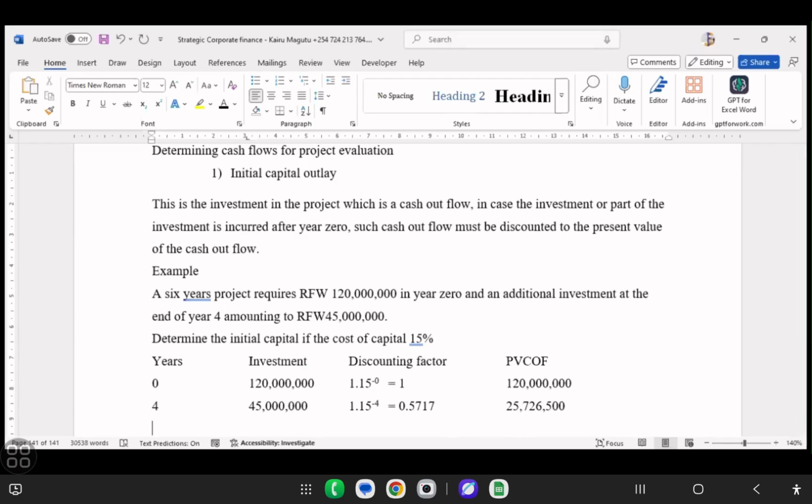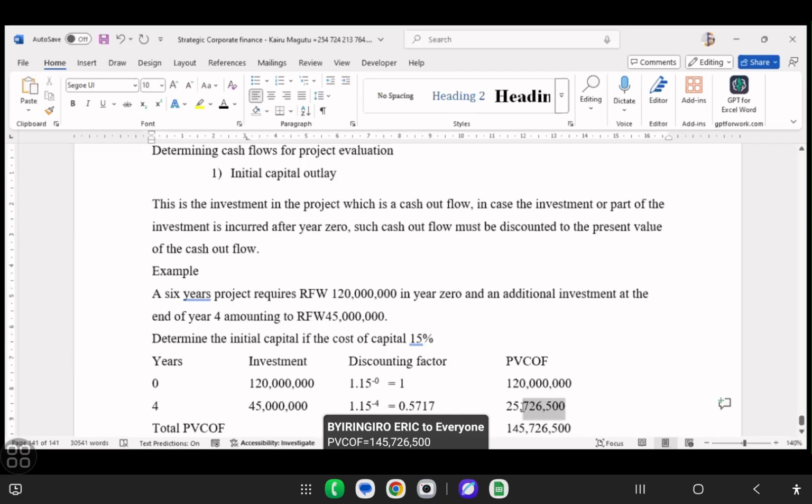This is what we call the total present value cash outflow, and this one will give us 145, if I am correct.